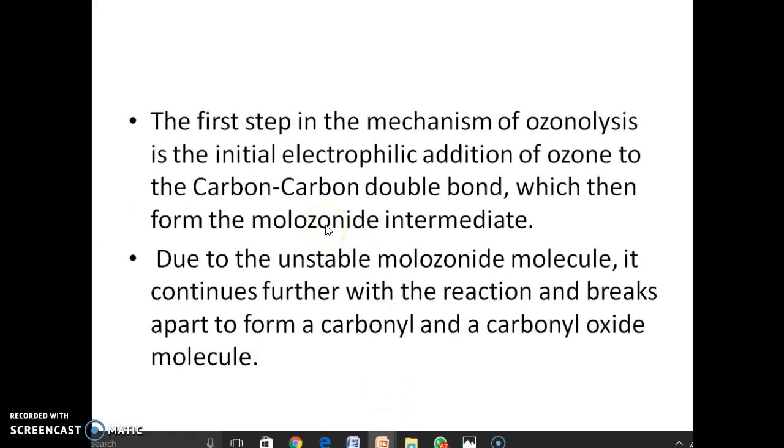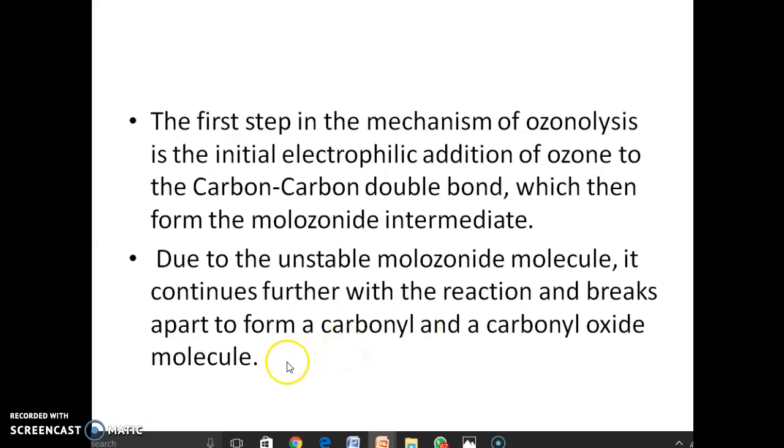The first step of the mechanism of ozonolysis involves the initial electrophilic addition of ozone to the carbon-carbon double bond, which forms the mono-ozonide intermediate.